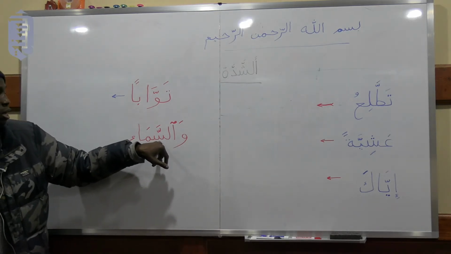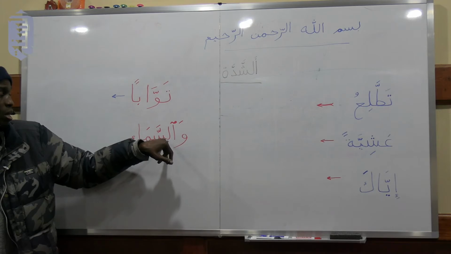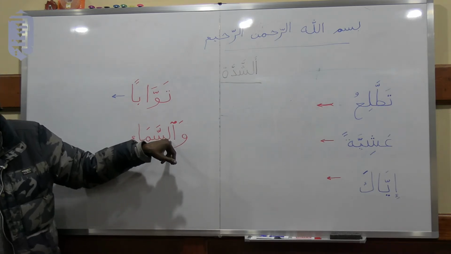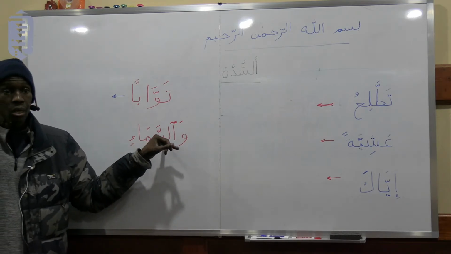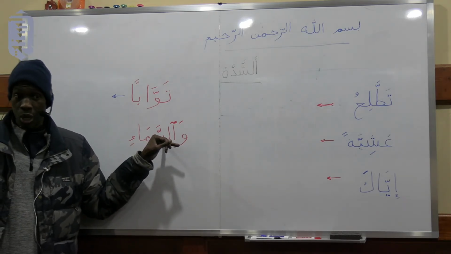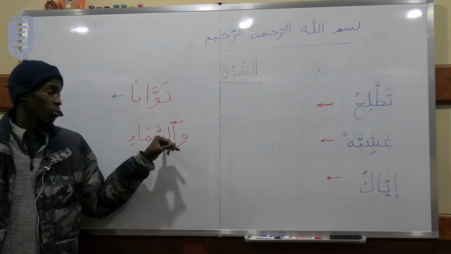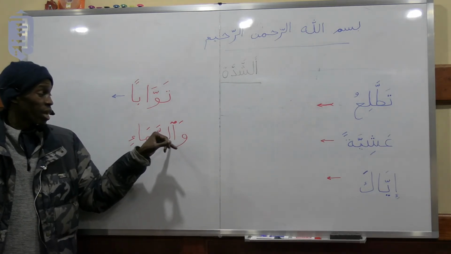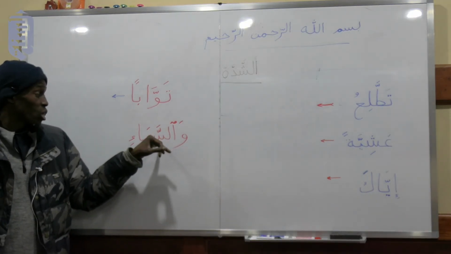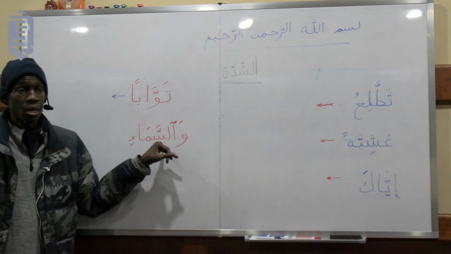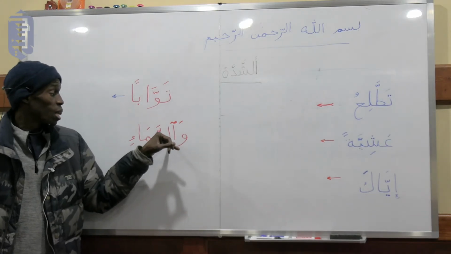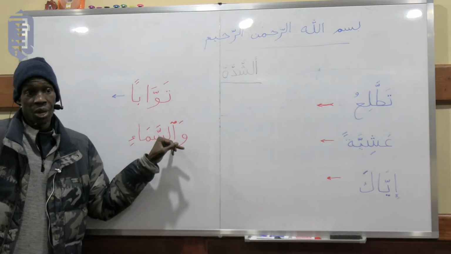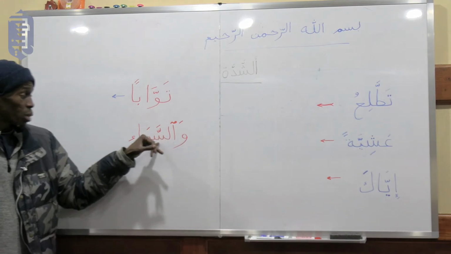But this word is an alif lam that precedes a word beginning with a sun letter, correct? We haven't done sun and moon letters, correct? Now, this alif and lam enter into a word beginning with a sun letter. Therefore, normally, the lam is also skipped in pronouncing this word.